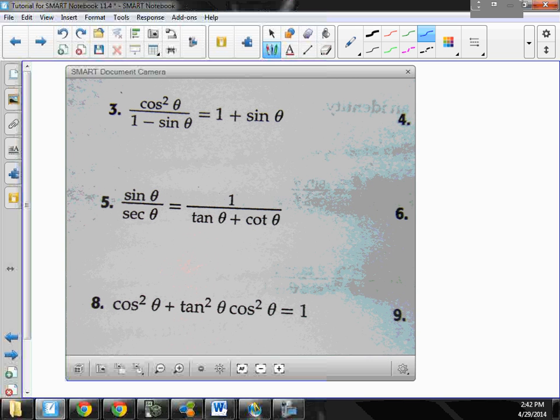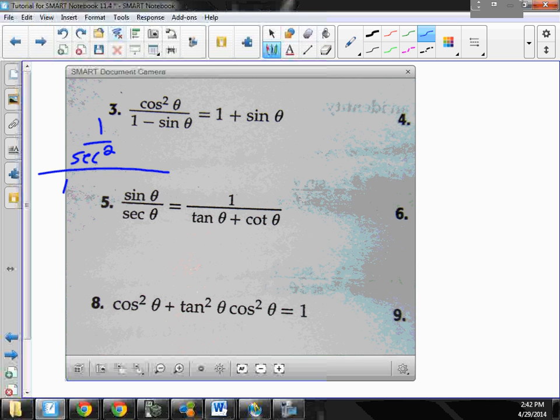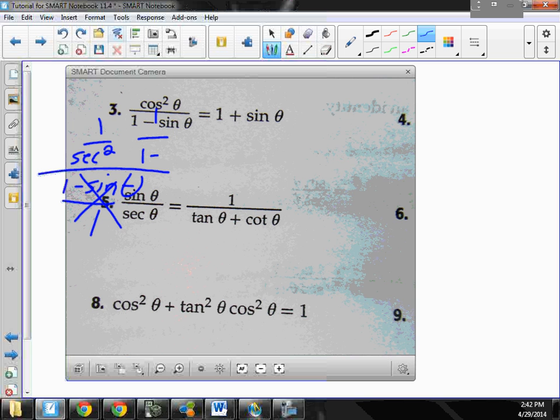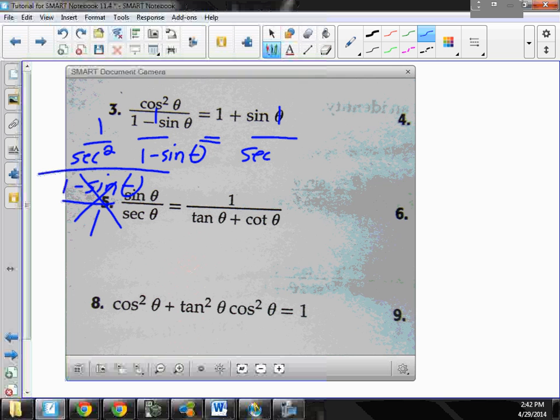So I could do 1 over secant squared divided by 1 minus sine of theta, so that I can put this over 1, and I could invert and multiply. So cross this out and get 1 over 1 minus the sine of theta. Multiply that out, and I get 1 over secant squared times 1 minus sine of theta.